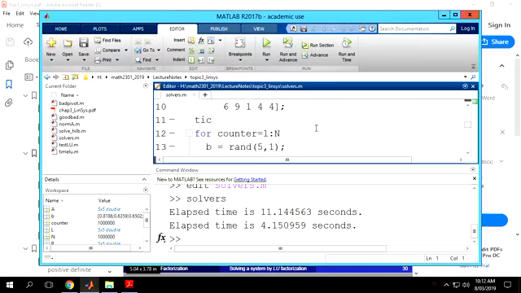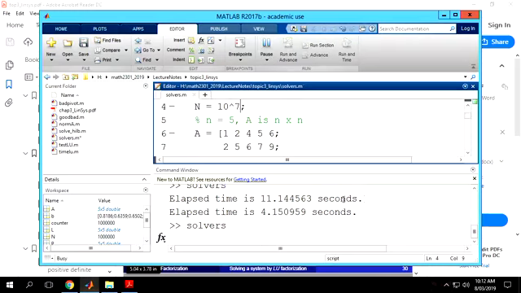You see, the first one is the backslash solver, and the second one is LU factorization. So LU factorization is faster. And you can scale up, suppose I put like 10 million, you will see there will be a bigger difference.